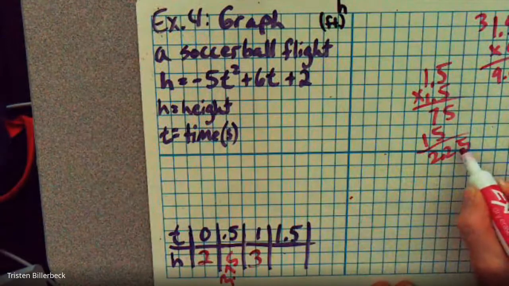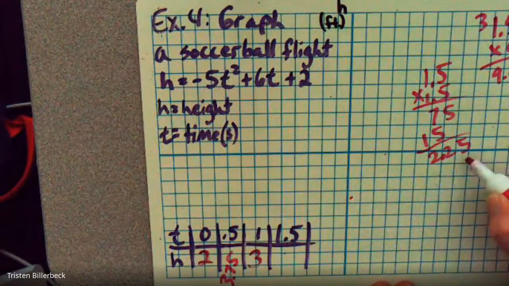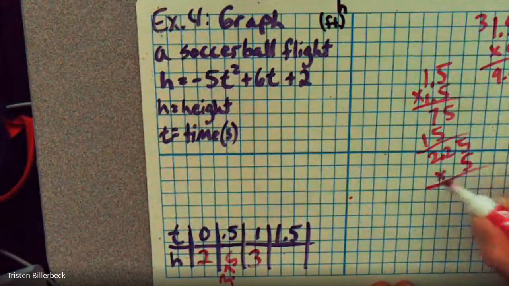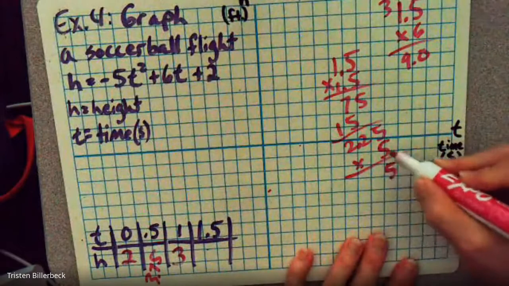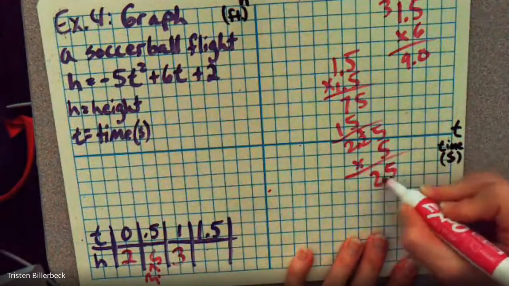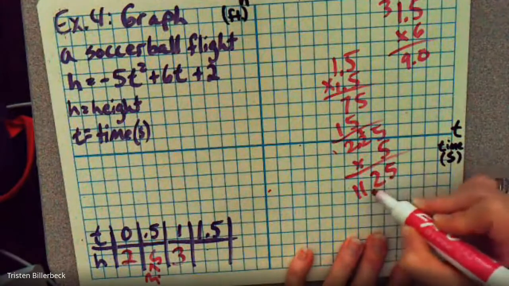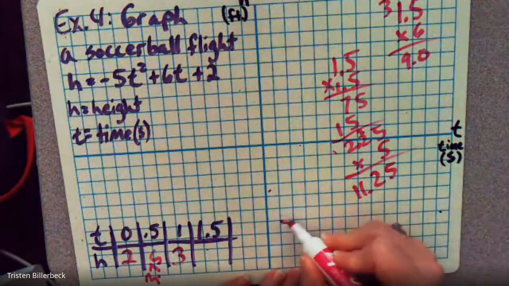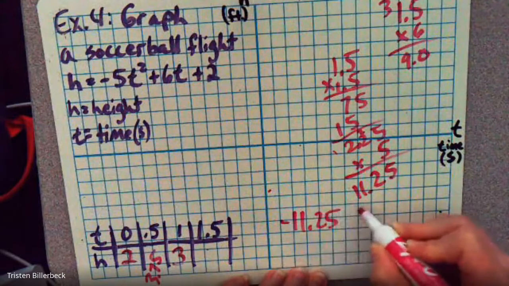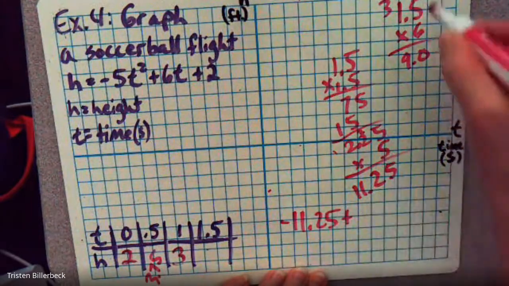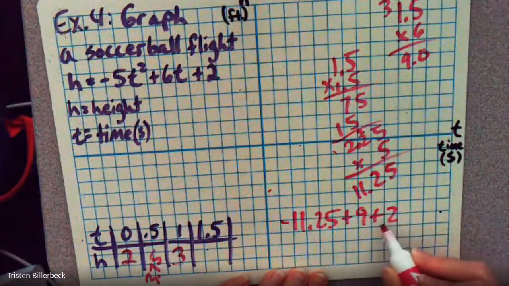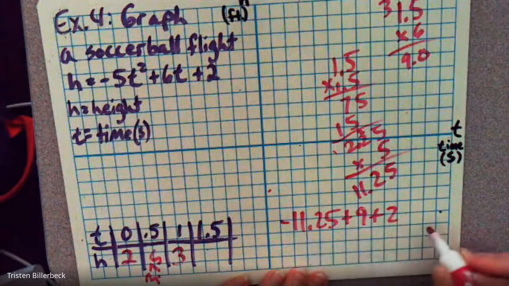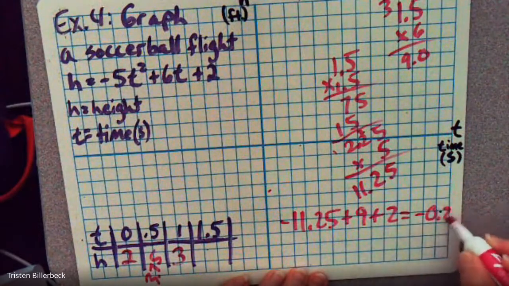We have this times 5. So we have to multiply by 5. Okay, so that's 25, carry a 2, and then 12, carry 1, and 11. So 11.25. Right, so we have negative 11.25 plus 9 plus 2. So we end up with negative 0.25.